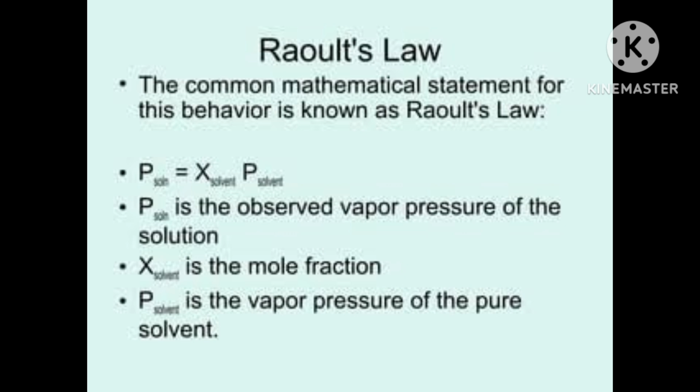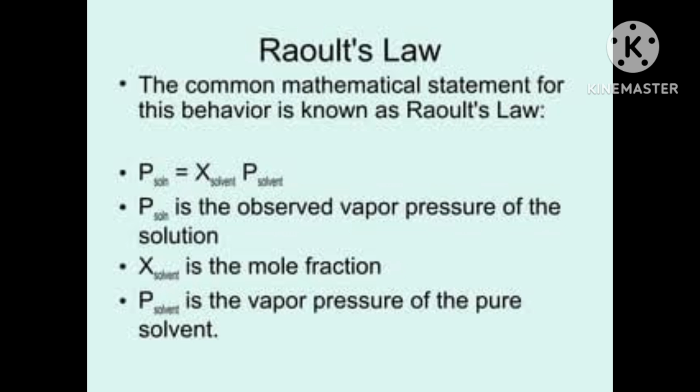This is very, very important. In the vapor phase also both components will be present because both are volatile, and in the liquid phase also both will be present. Let the total vapor pressure be denoted as p total, written p subscript total.